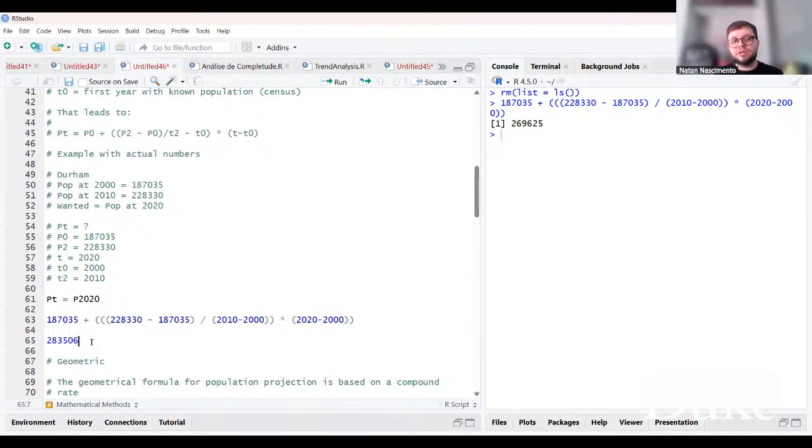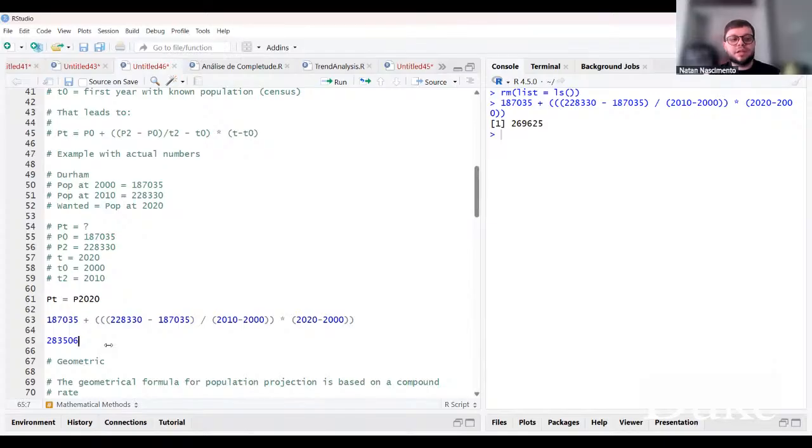In Durham's case, there's a lot of migration happening, especially in those years between 2010 and 2020, because of the Research Triangle and the moving of a lot of companies to the Research Triangle. So of course, this will be a little bit off, but those 20,000 people will make a difference, but it's not something that will be so far off that we cannot use it for our research.